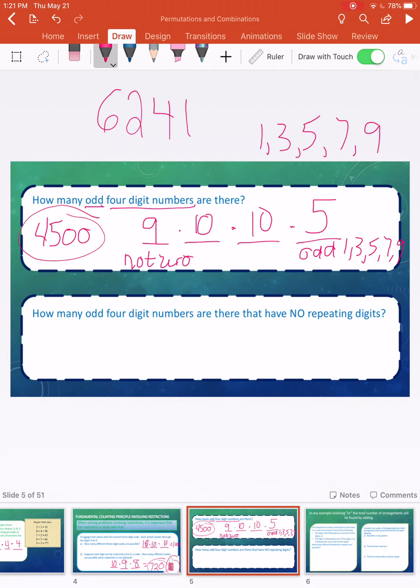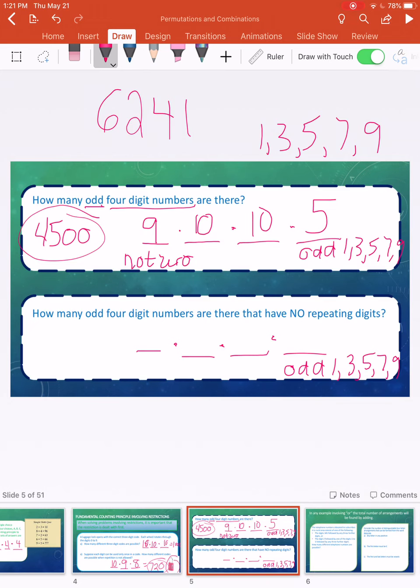All right, in the next question, how many odd 4-digit numbers are there that have no repeating digits? It's the exact same question, except for this time, our digits can't repeat. So we're going to draw 4 spaces out, just like we did before. Once again, our last space has to be an odd number.